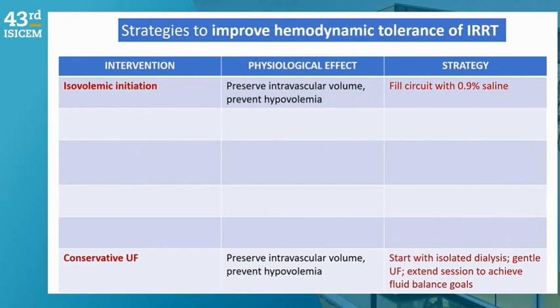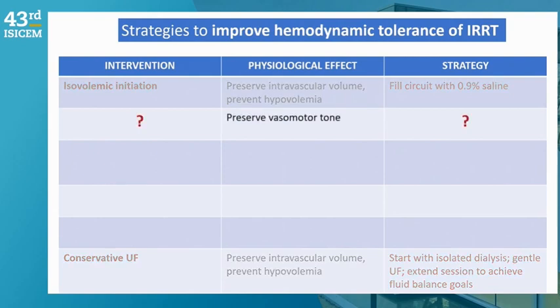Then you can extend the session. A session of intermittent is not always 4 hours and 4 liters of ultrafiltration. This is the session in chronic kidney, in end-stage chronic kidney disease, not for our patient in the ICU. Okay, and of course you start with a full circuit of saline, for example.